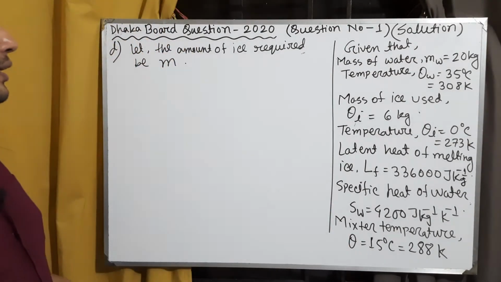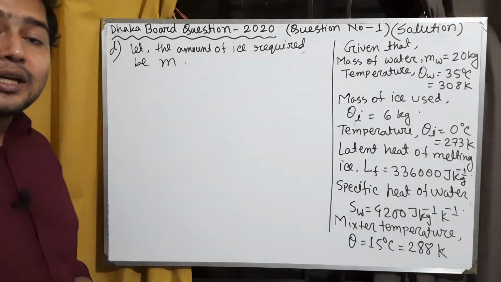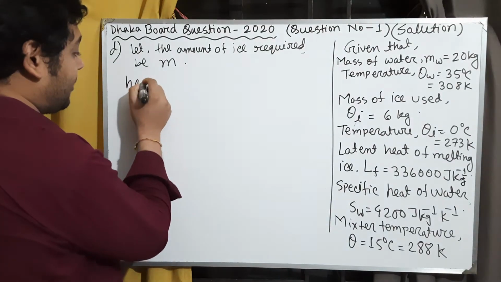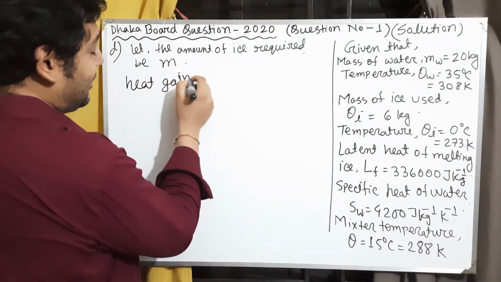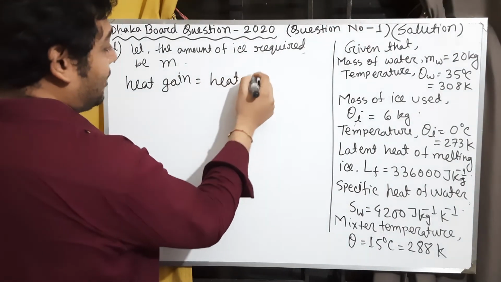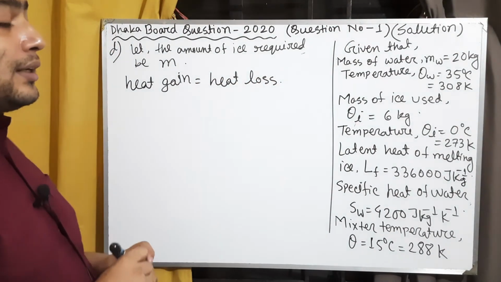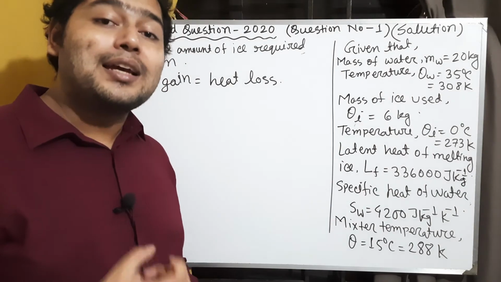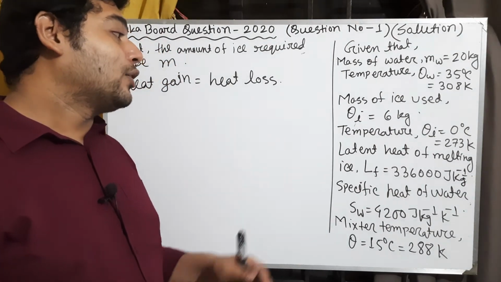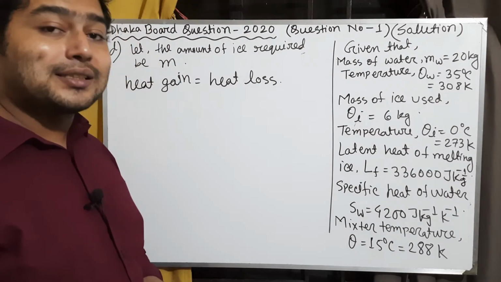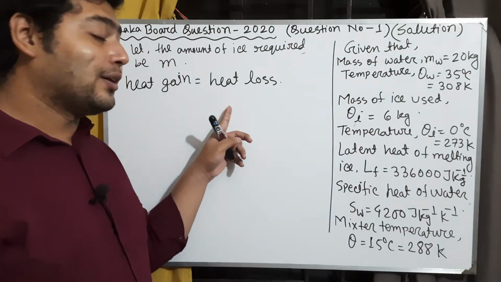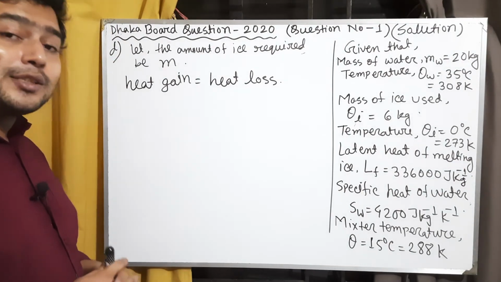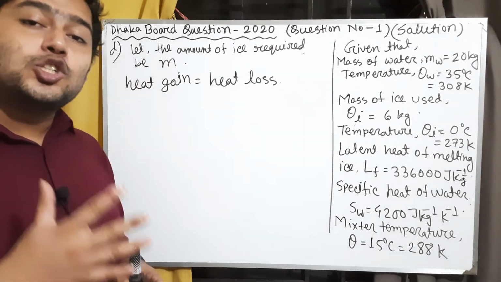According to the theory of calorimetry, heat gain equals heat loss. Here the ice at 0 degrees Celsius or 273 Kelvin will gain heat, and the water at 35 degrees Celsius will lose heat. The ice will gain heat in two parts.